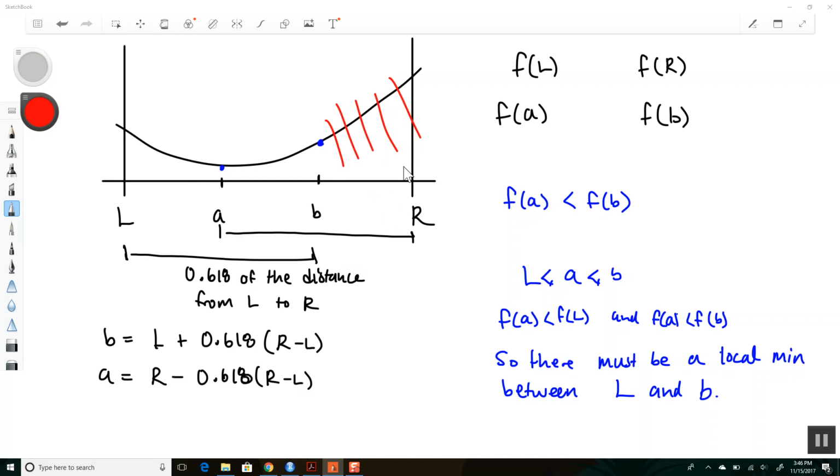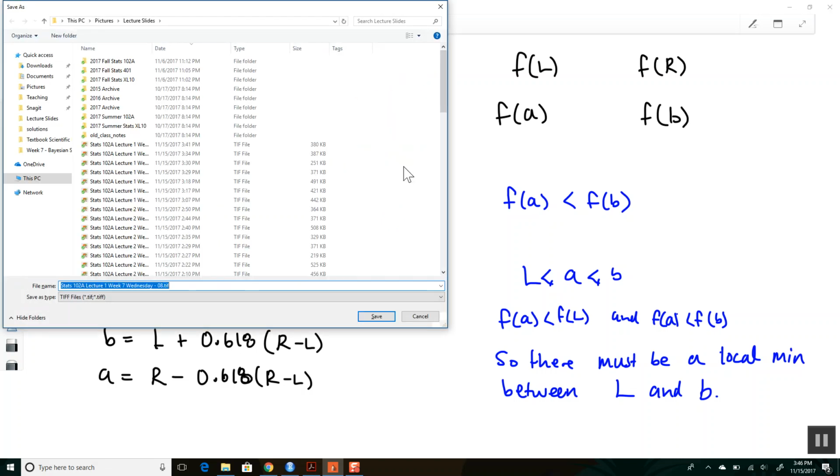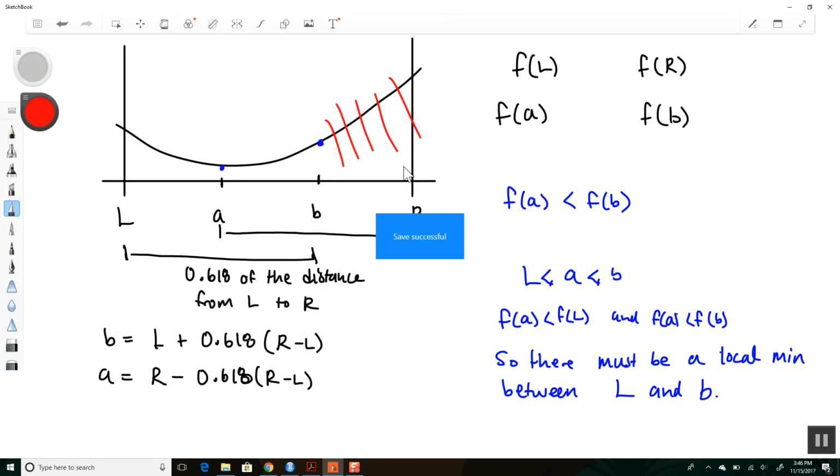All right, is that okay? And we iterate this. B becomes the new right boundary.